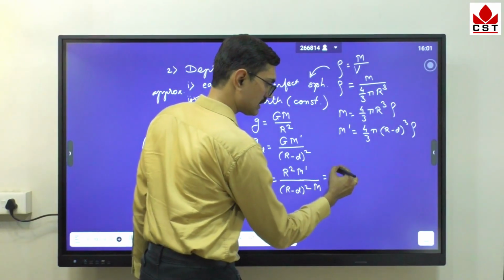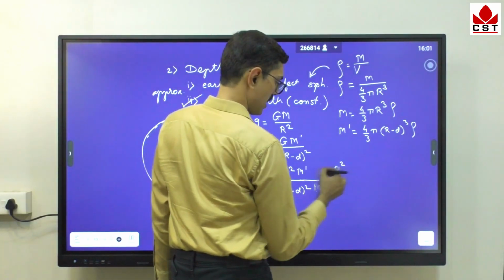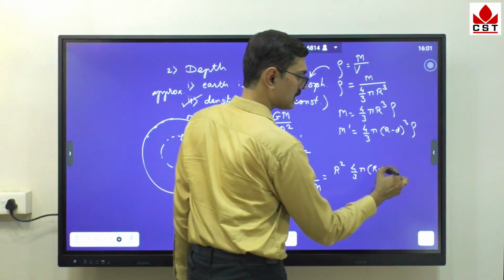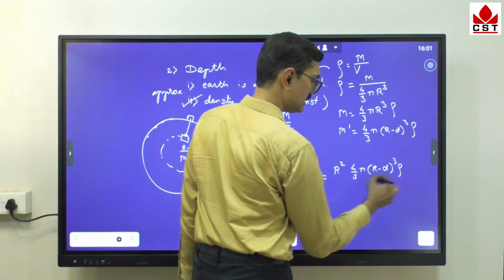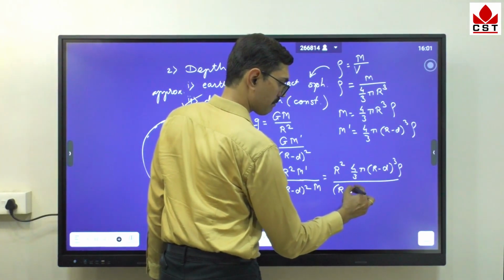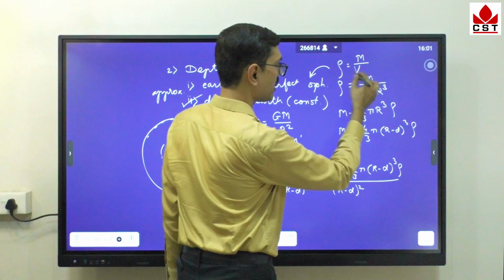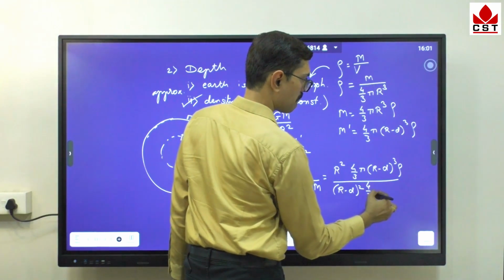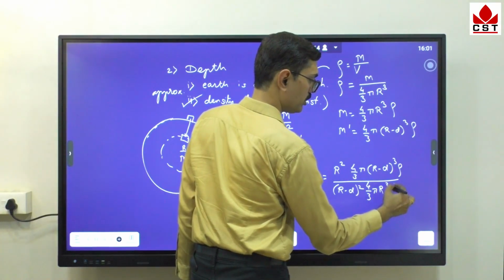See what happens: r square, and then M dash is 4 by 3 pi r minus d cube into density, divided by again r minus d, its square. M is now 4 by 3 pi r cube into density.